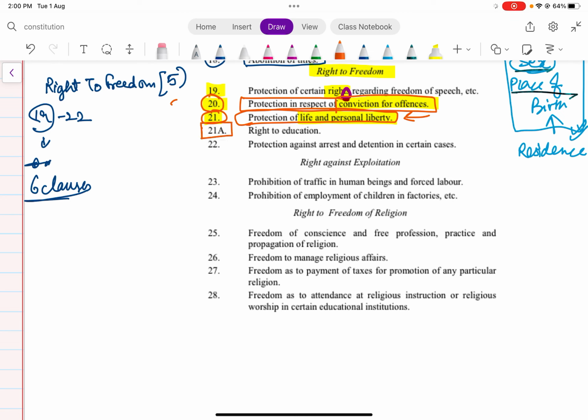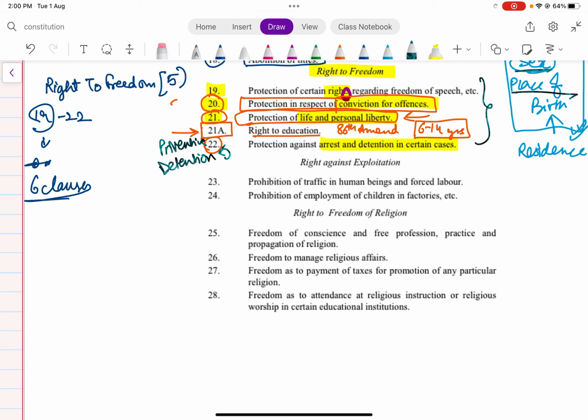Then Article 21A, right to education by the 86th Amendment. From 6 to 14 years, education is a fundamental right. Then we have Article 22, protection against arrest and detention in certain cases, and the whole law of preventive detention is legalized in this article.